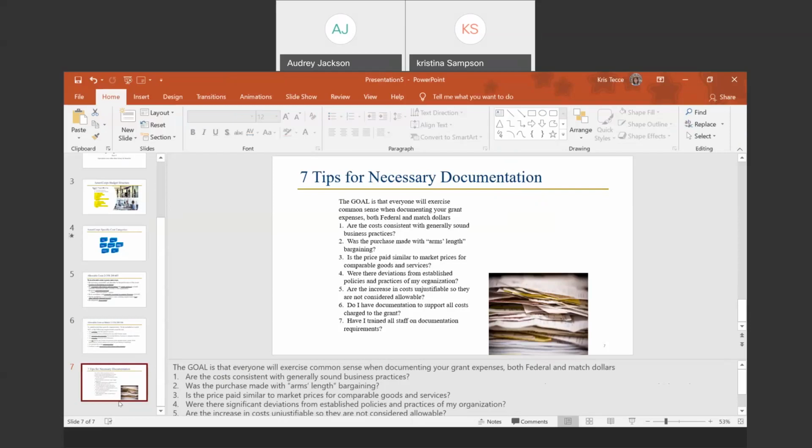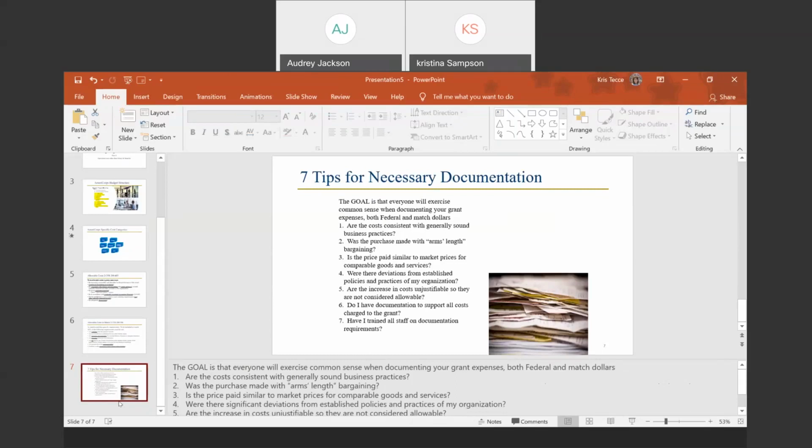Again, one of the key pieces is a lot of the individuals that purchase the item are frontline staff, our program staff. The fiscal staff are the ones that process the information and typically are more knowledgeable about the uniform guidance. So this is a great place where you can partner and ensure individuals are trained on the documentation requirements.